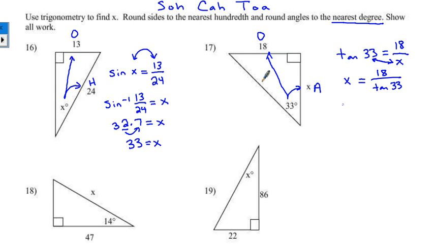So to type this one in, it would be 18 divided by 33 tangent equals. On the calculator, that's going to give you 27.717. We're looking to round to the nearest hundredth when we're dealing with a side length. So a 1 with a 7 after it would round to a 2. So my final answer would be 27.72.